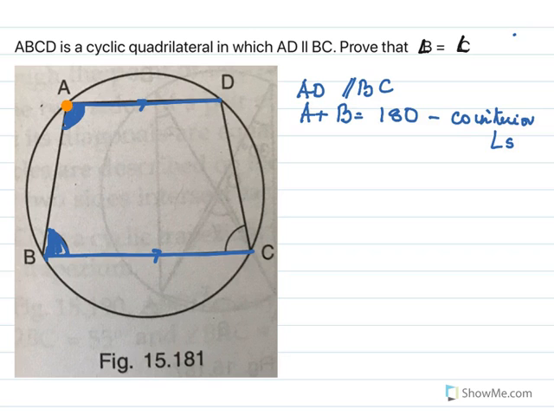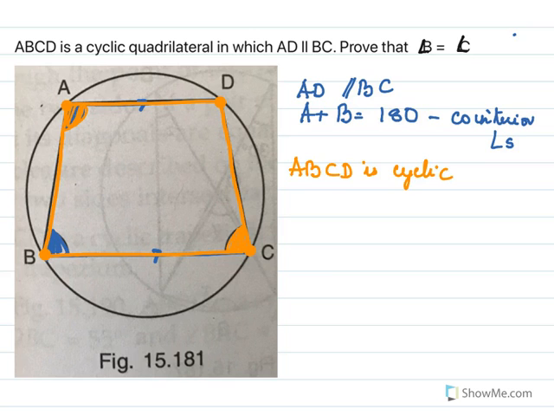Now we see a cyclic quadrilateral, that is A, B, C, D is cyclic. So we have A, B, C, D is cyclic, which means now I can say angle A and C will be 180.